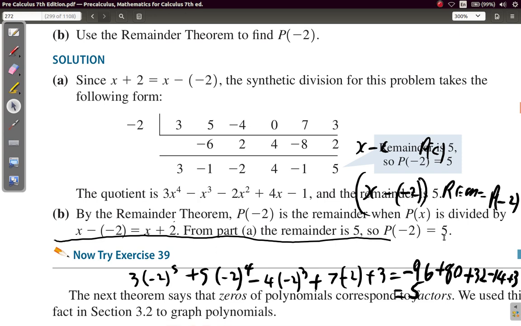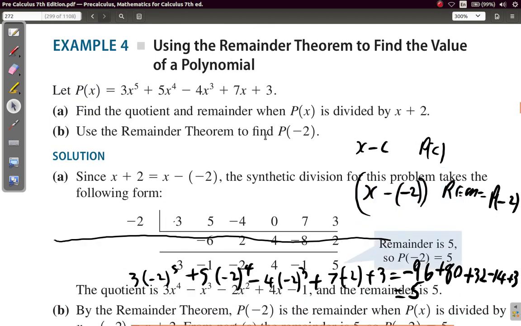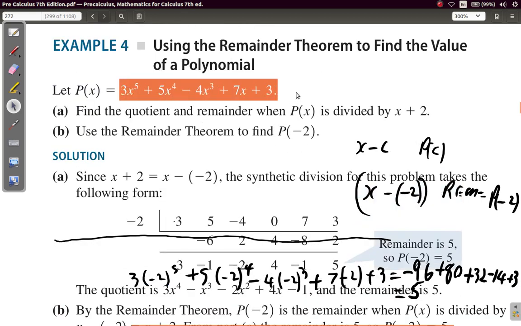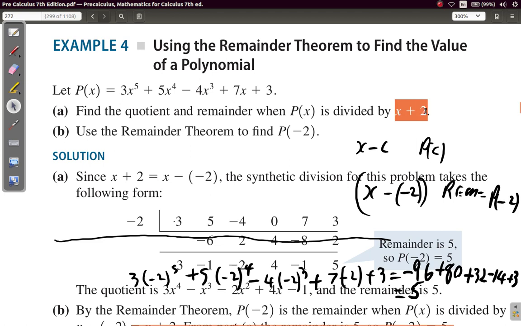Alright. It means that if you're in an exam and you're given this polynomial and you're asked what is the remainder when you divide by x plus 2, you don't necessarily have to go through that division. You just substitute negative 2 for x.